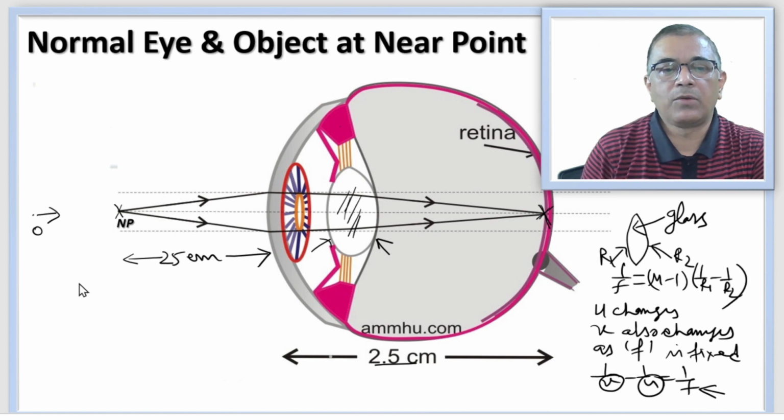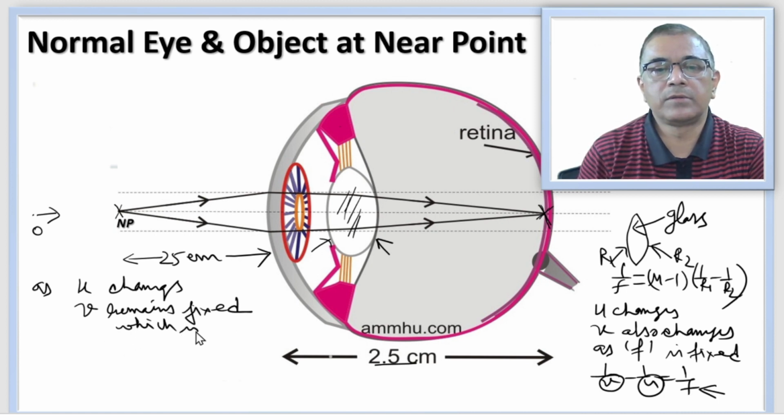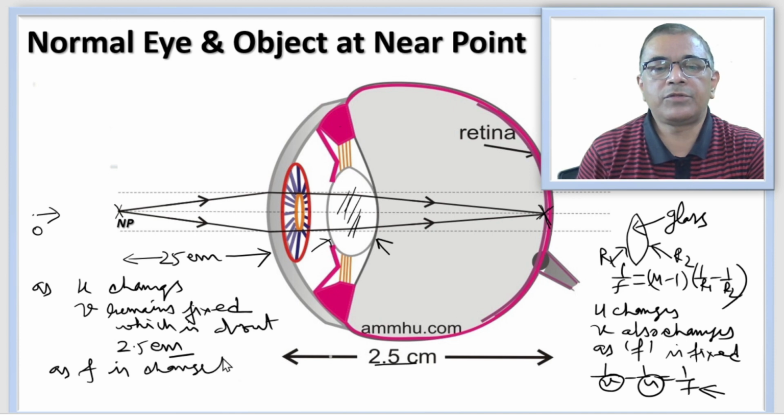So over here, as U changes, V remains fixed, which is about 2.5 centimeter, as f is changed due to constriction of ciliary muscles.